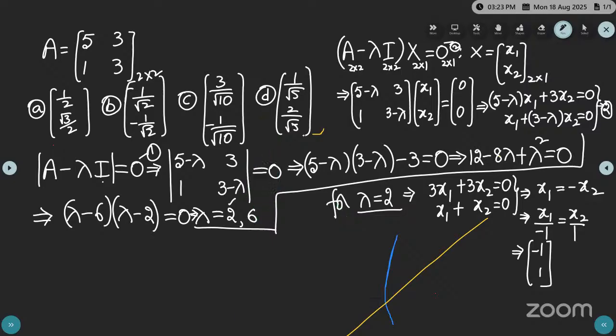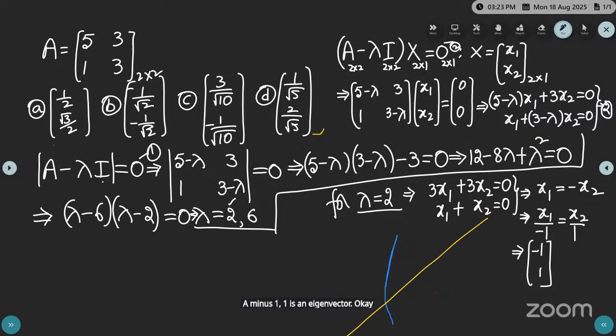Any non-zero constant multiple of it is there, that ends the matter, that ends the answer. Is there anything? -1, 1 is an eigenvector.